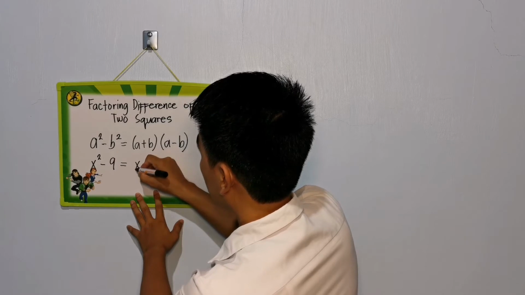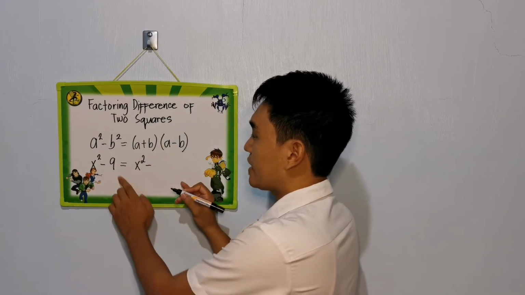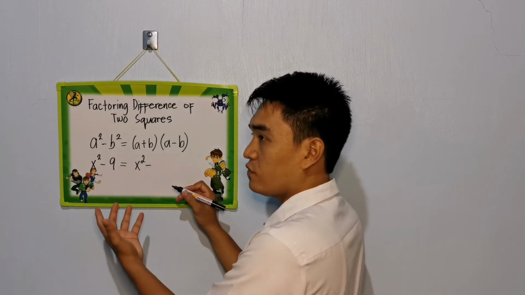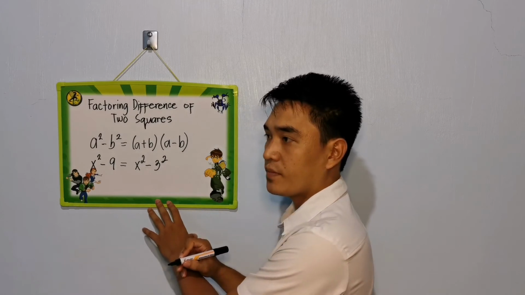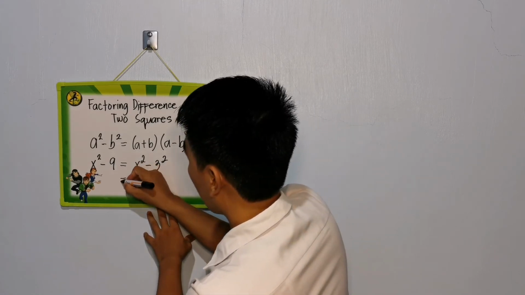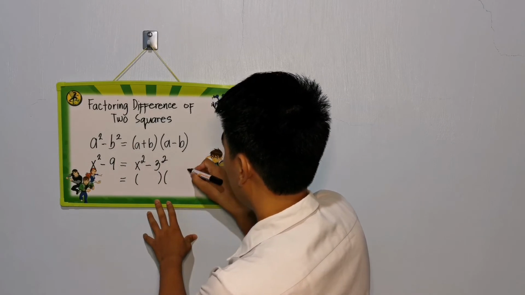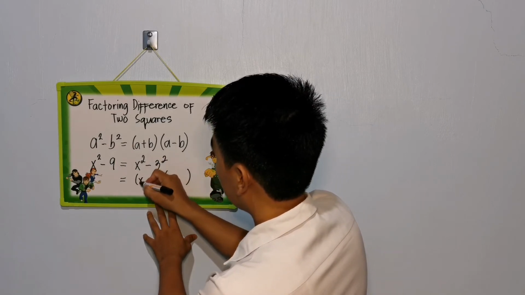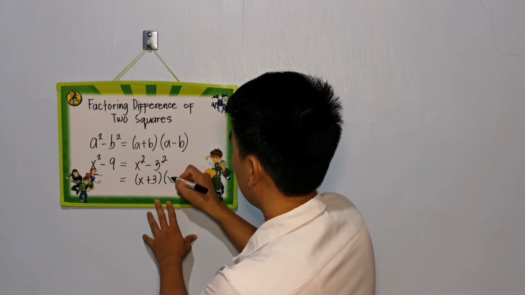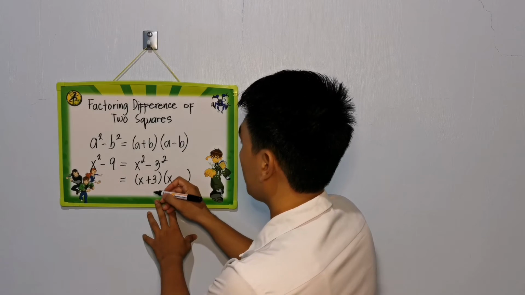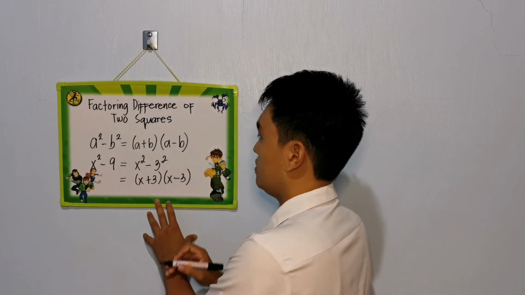We have x squared minus, we write 9 in the power of 2, that is 3 squared. Now we are ready to factor: x plus 3 times the quantity of x minus 3.